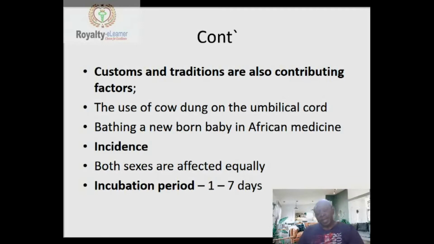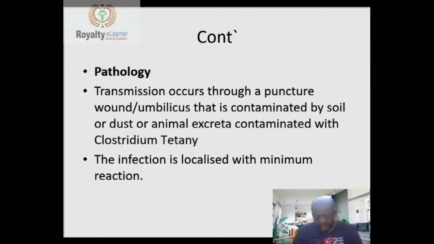Let's look at the incidence. Both sexes are affected equally, and the incubation period of the disease is 1 to 7 days. Let us now look at the pathology of the disease. Transmission occurs through a punctured wound or umbilicus that is contaminated by soil, dust, or animal excreta contaminated with Clostridium tetani.